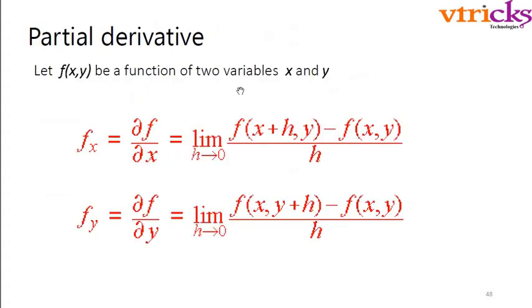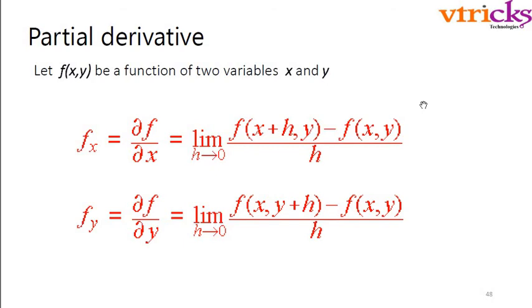Now let f of x, y be a function of two variables. So the f with respect to x, we write it as del f by del x. We call this the partial derivative of f with respect to x, which is nothing but the limit h tending to 0. Now see here, I am keeping y as constant.